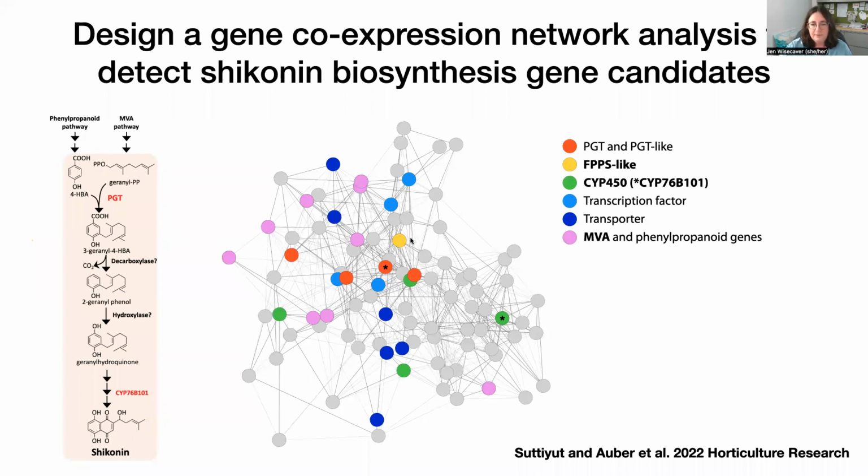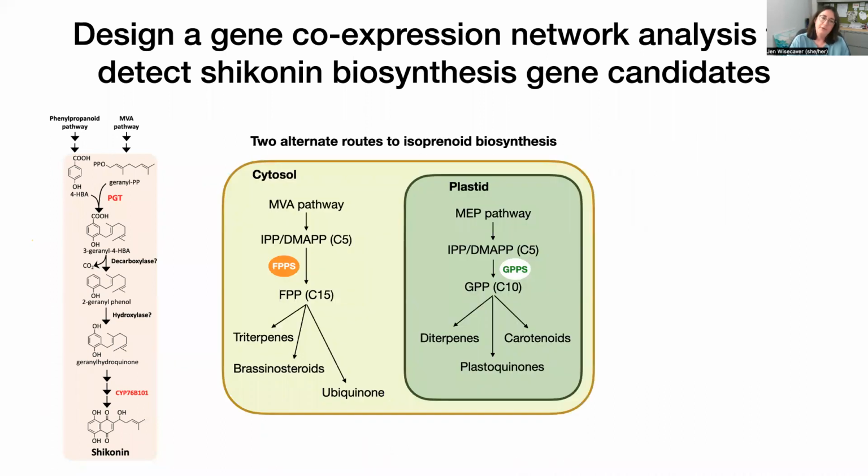The one gene that the Wittstock lab was particularly excited about was this FPPS-like gene shown in yellow. The reason that interests us so much is because there are two alternate routes to isoprenoid biosynthesis. There's the MVA pathway in the cytosol that takes the IPP precursor and, through farnesyl pyrophosphate synthase, produces this 15-carbon FPP intermediate.